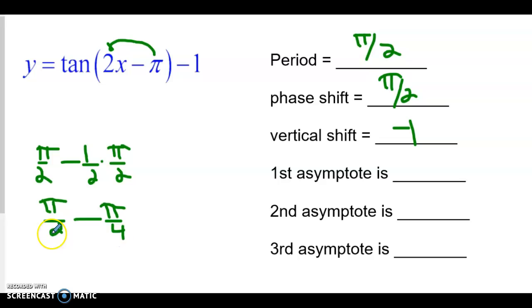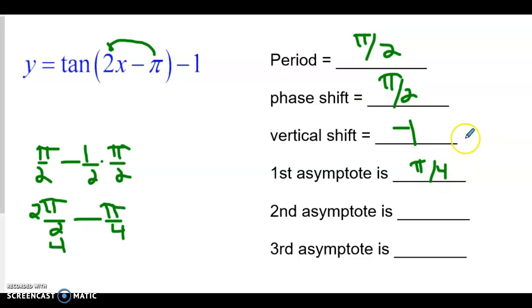Going to need a common denominator over here, so this is going to become 4. That means we're going to have a 2 in front. So 2 minus 1, that's going to leave us with 1 pi over 4. That is not a very good pi, now is it? You'd think after all these videos, I'd be better at writing on the smartboard.